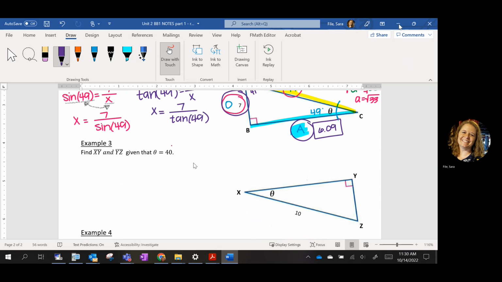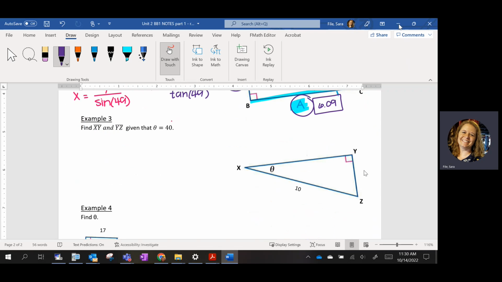Okay. All right. So on example 3, a similar problem. They want the 2 missing sides. You're given one side and then they tell you theta is 40. So we know that the angle is 40 degrees. Opposite that would be the YZ. Adjacent to that would be this XY. And then the hypotenuse is the 10, the side that you know.